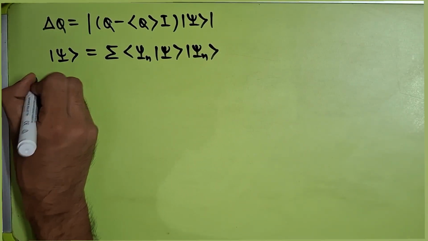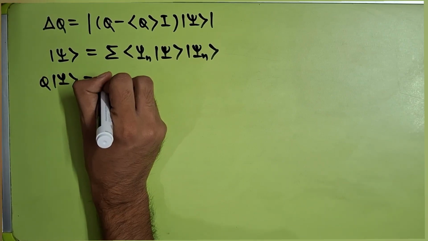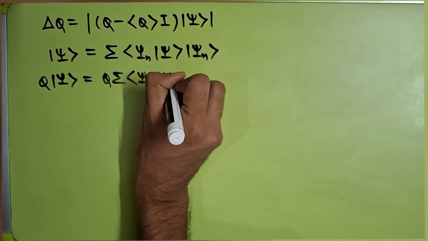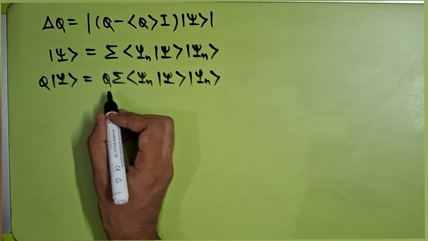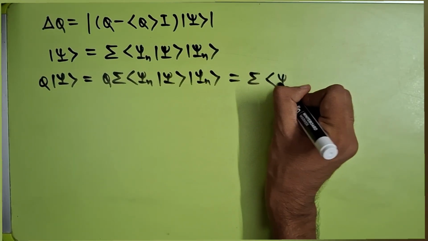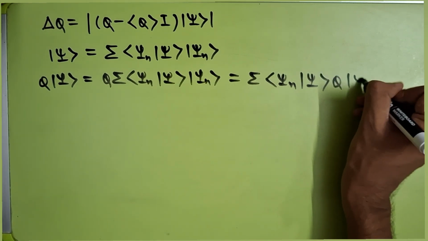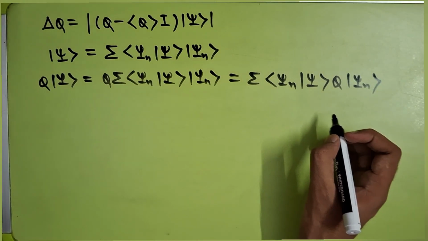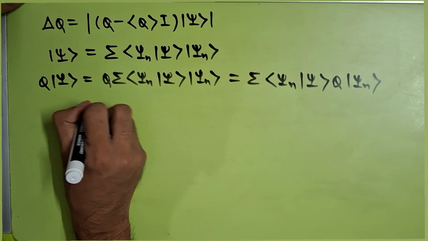Operating with Q on both sides, we get, and because Q is a linear operator, we can write this as, now using the eigenvector equation, and because psi n is an eigenvector of Q, we can simplify this too.